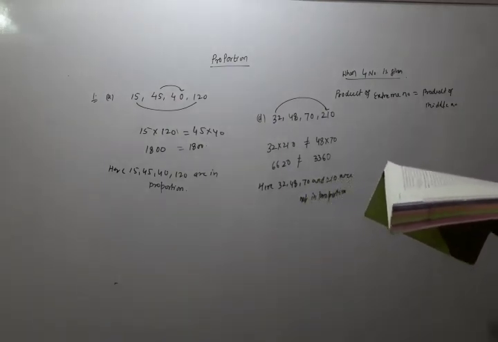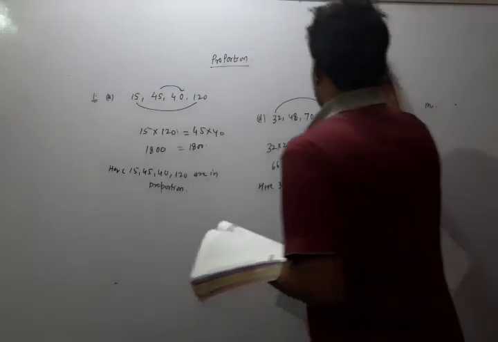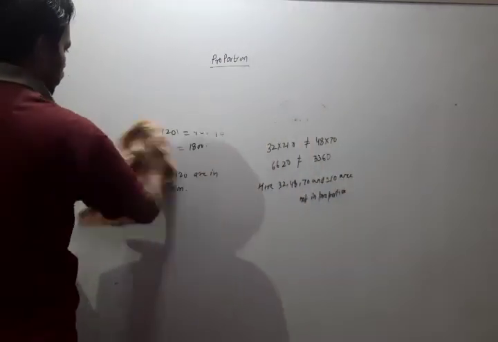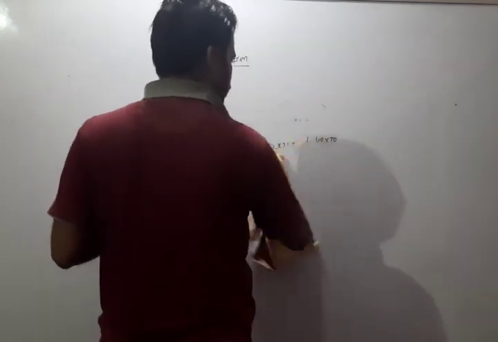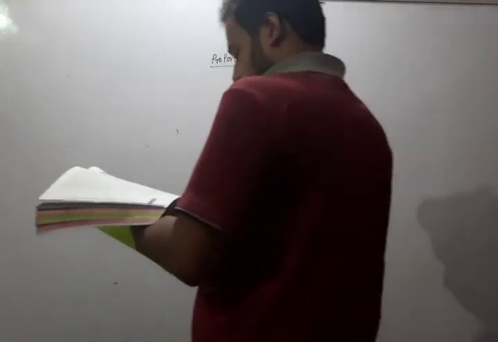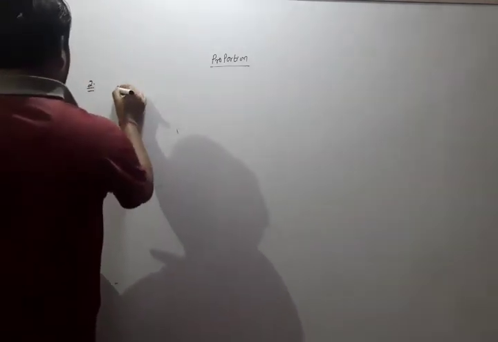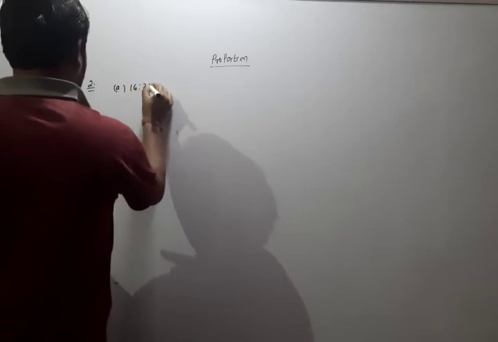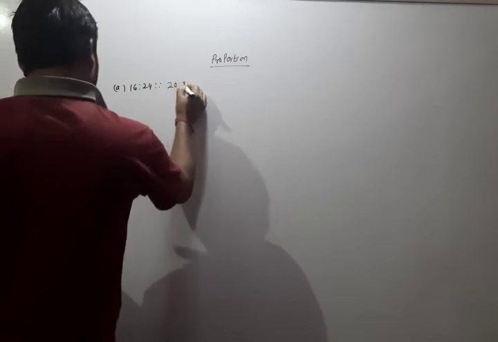अब question number 2. Write true or false against each of the following statements. Question number 2 में लिखना है true or false. क्या A है 16:24 proportion 20:30.